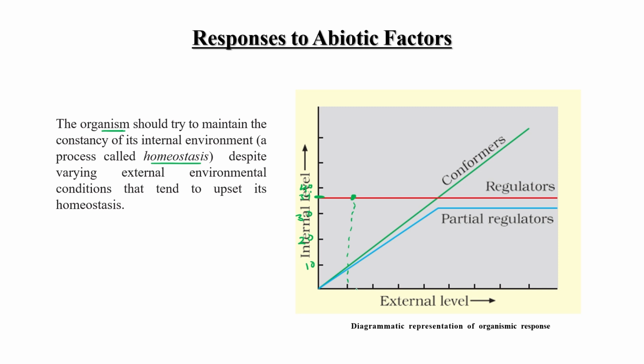So if the temperature outside is 10, 20, 30, 40, 50, 60, 70 and so on, with outside temperature 10 our body temperature is 37, outside 30 our temperature is the same 37, outside 50 constant, outside 70 same, there is no change in our internal body temperature.